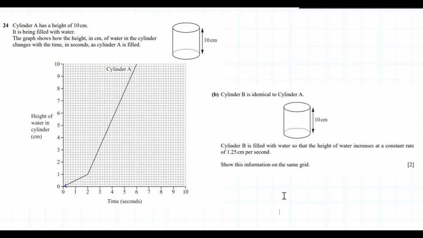Okay, next. Now we're in question 24b, the same question. Question B says cylinder B is identical to cylinder A. Cylinder B is filled with water so that the height of water increases at a constant rate of 1.25 cm per second. Now show this information on the same grid. 10 seconds from now. For this question, it's good if you print it out, or screenshot it and save it on your laptop, then print it out.